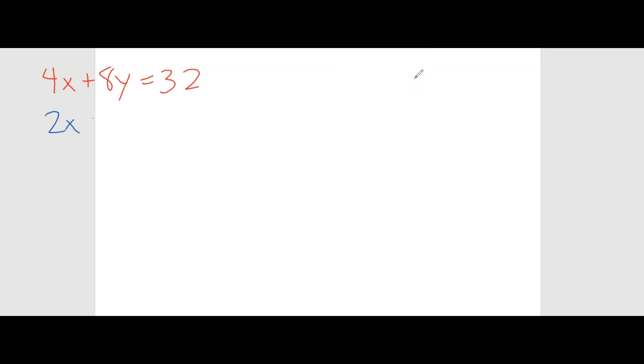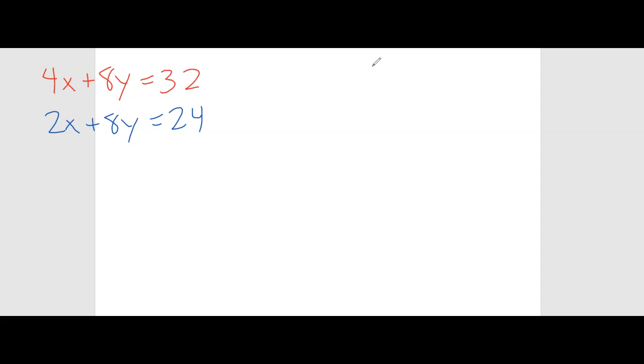And we have 2x plus 8y is equal to 24. And again, I think elimination is probably the easiest here, right? There's no variable that's already by itself, so we would have to go through the process of getting y or x by itself and then substituting. Probably easier to just use elimination here.